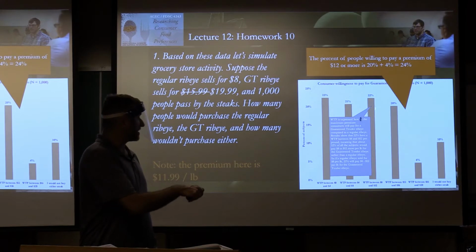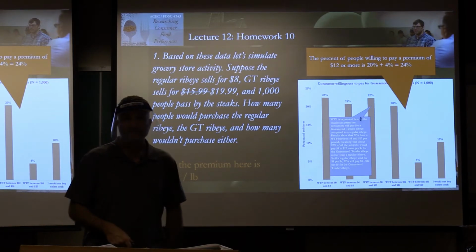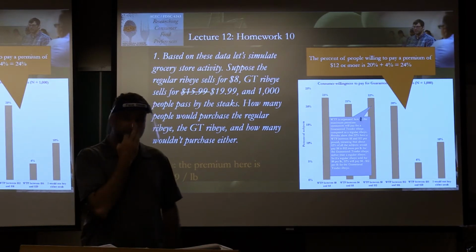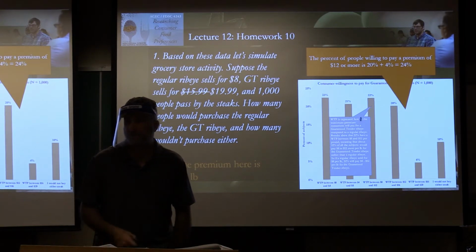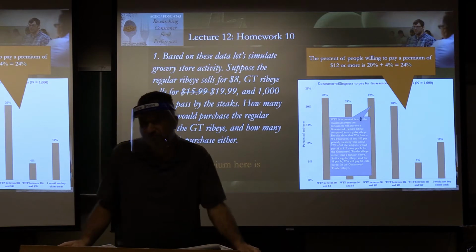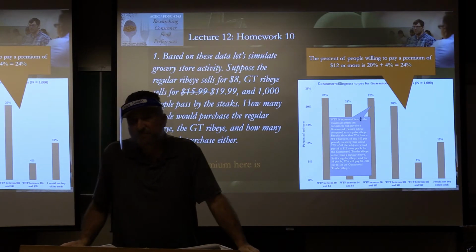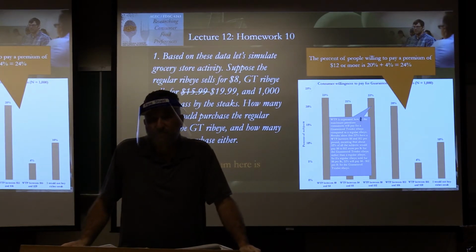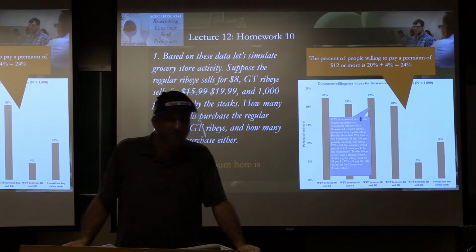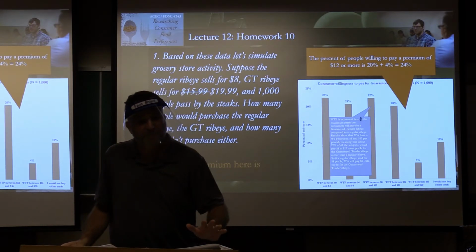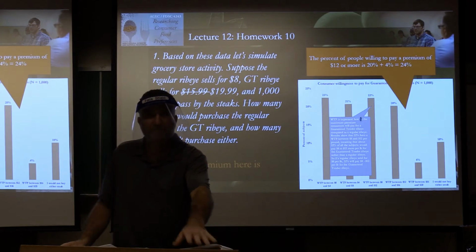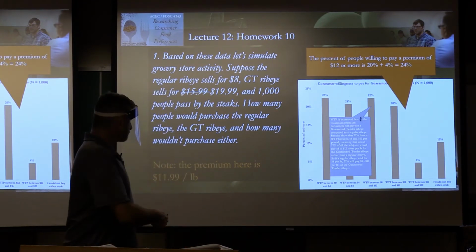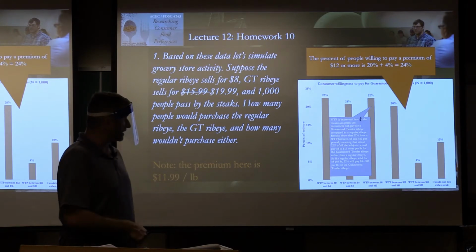Their willingness to pay is between 8 and, say, $11.99. And the answer is no, because those people are not willing to pay $12 or more for the guaranteed tender steak, but it costs about $11.99.